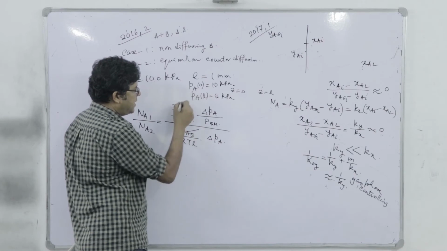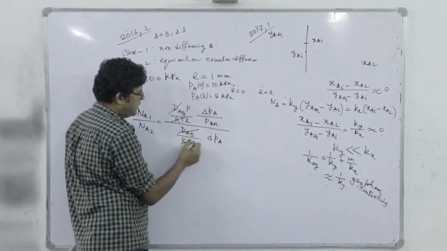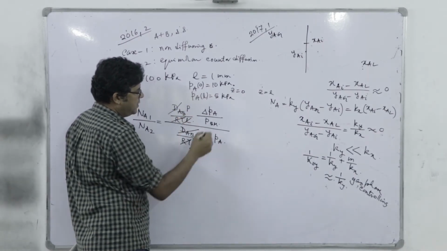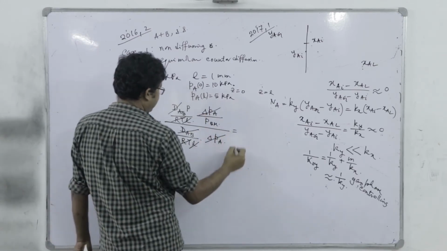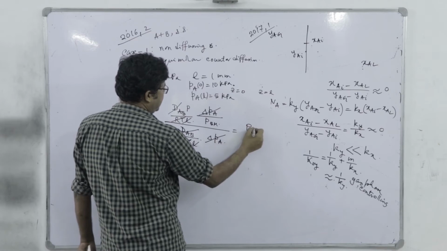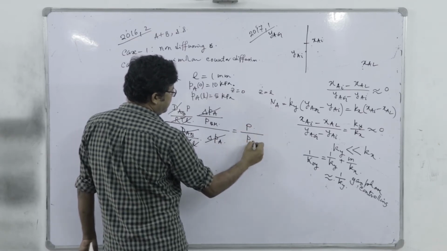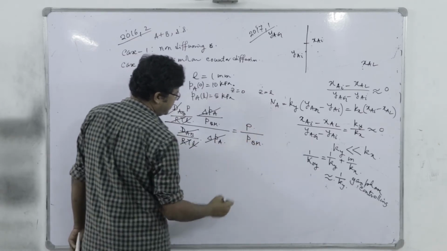So, DAB cancels out, RT cancels out, L cancels out, and delta PA cancels out also. So, it is P divided by PBM, right.